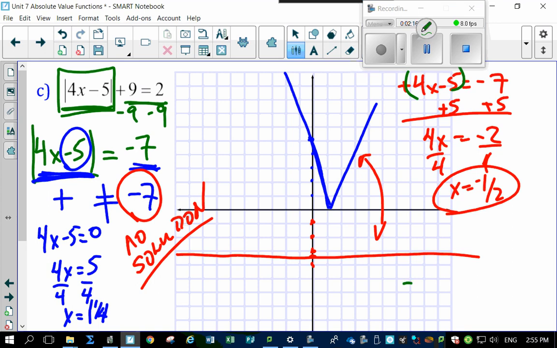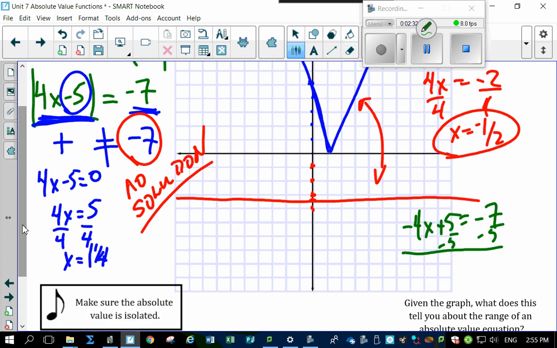So if you do the negative version of 4x - 5, putting a minus in front and distributing it to each term, that has to equal -7. Look at this. Bring the 5 over here, and check this out, you're going to get, boom, -4x = -12.